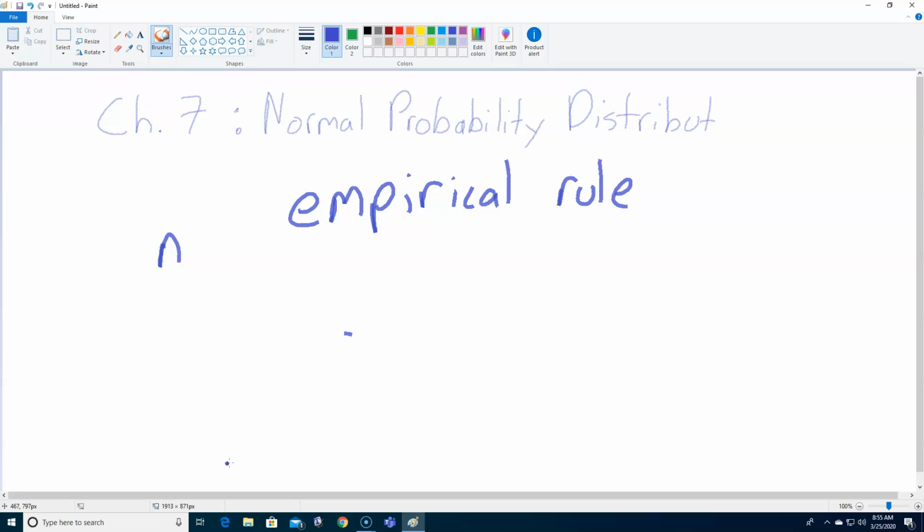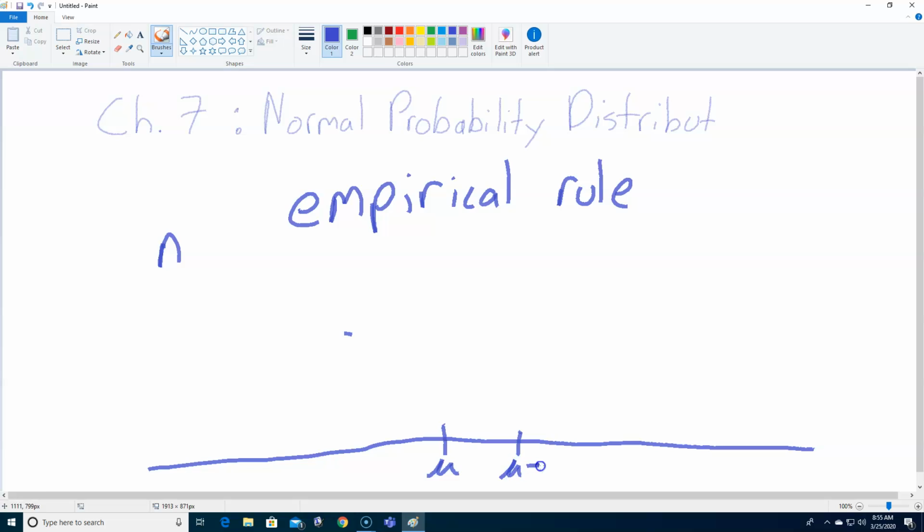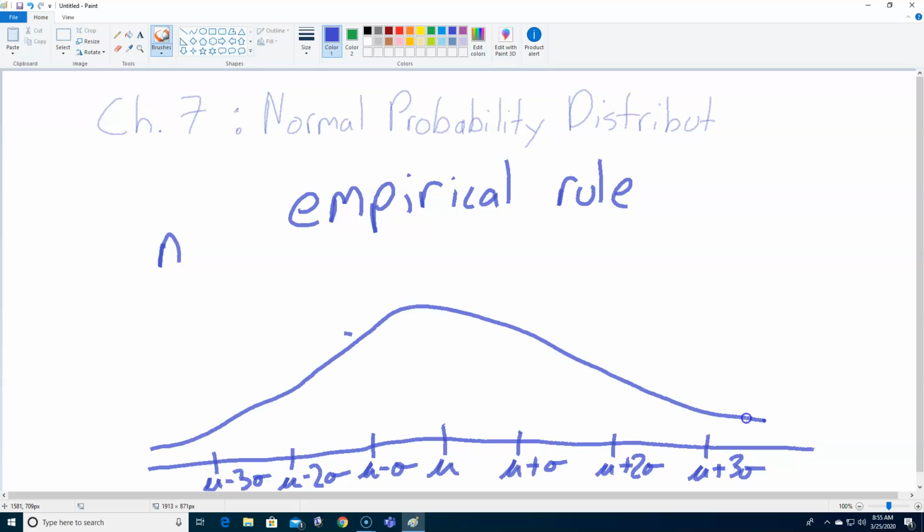It basically says that if you have some normal curve, draw it out really big, mu, plus sigma, and then the other way, mu minus sigma, mu minus 2 sigma, mu minus 3 sigma.